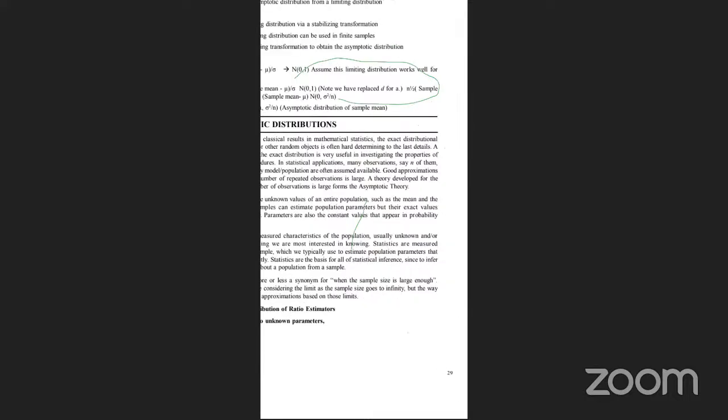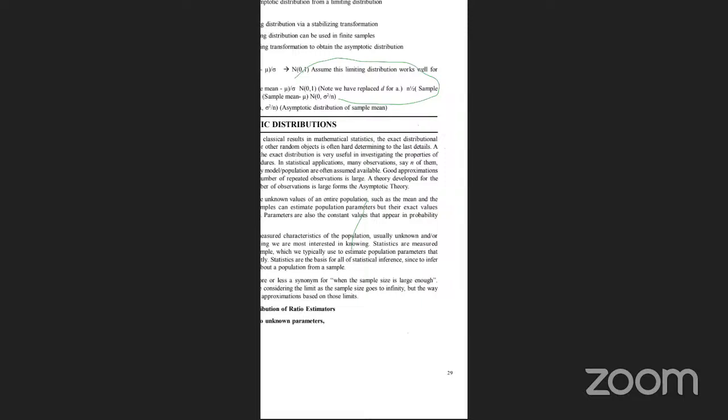Why do we call it asymptotic theory? Here we can take samples as small samples and large samples. With large samples, as the sample size increases, the error is minimized. That's why we call it asymptotic theory. Parameters are the unknown values of the entire population, such as the mean and standard deviation.